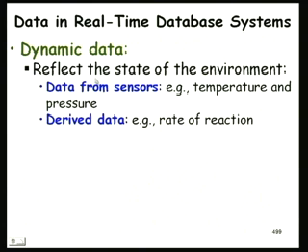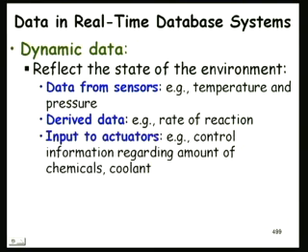So, the data from the sensors are the primary data, which can be used to have some data derived from this primary data, which we will call as the derived data. For example, rate of chemical reaction, or maybe the current position, and so on. These are examples of derived data, but again these are dynamic data or temporal data.